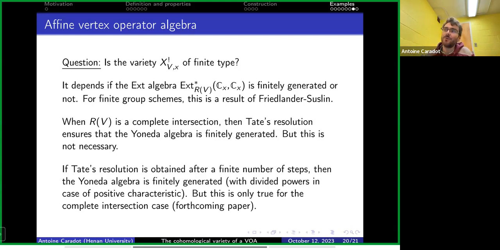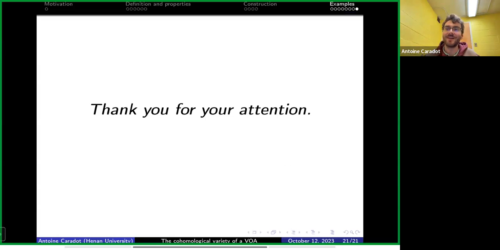So if you want to compute information on your cohomological variety using Tate's construction, if you don't have a complete intersection, you need to go through some type of approximation, because Tate's resolution can never be obtained after finitely many steps. So if you want some type of finite generation, you can only obtain it using an approximation. You can never obtain it directly. And so I'll stop here. Thank you.